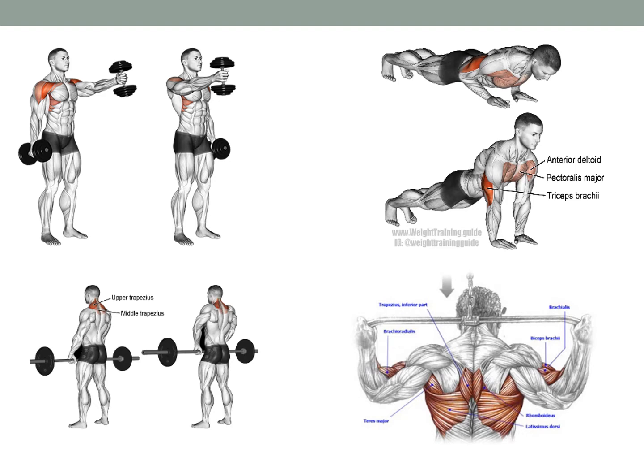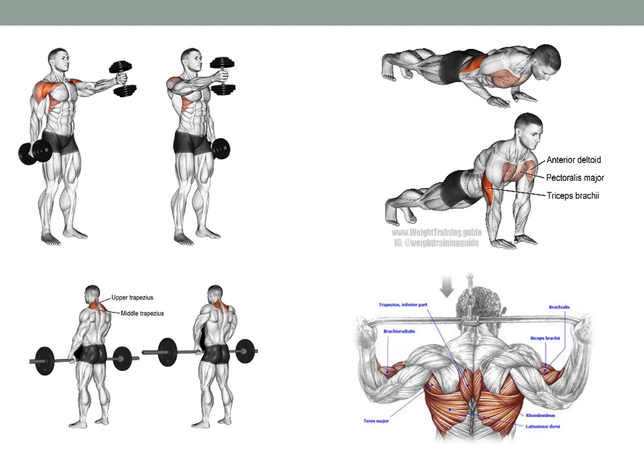The top left is a dumbbell front raise, which is using the deltoid, but it is also using some other muscles. The top right is a decline push-up, which the main muscle is the pectoralis, and it is also using the triceps. The bottom left is a barbell shrug, which is using the traps or trapezius.